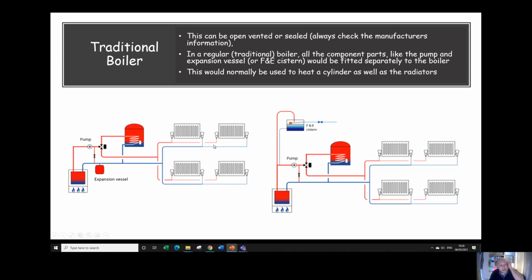The key thing to know about a traditional boiler is that everything is going to be fitted externally to the boiler. The boiler is just there to heat the water and heat the water only. You'd have your pumps and expansion vessels if it was a sealed system type, or your pump and other appropriate means of allowing for expansion separately from the boiler itself.